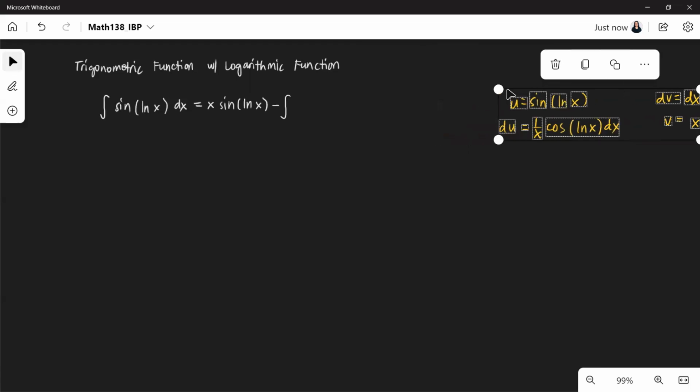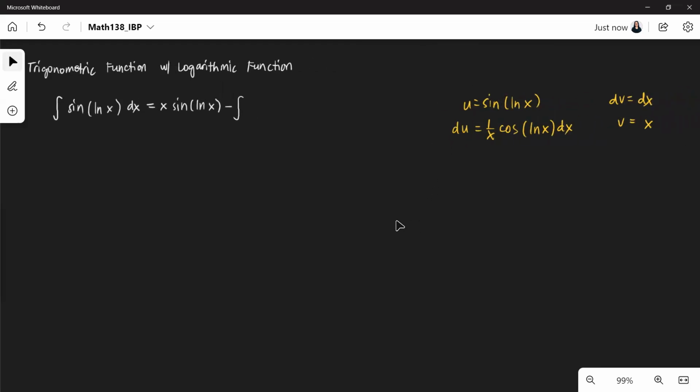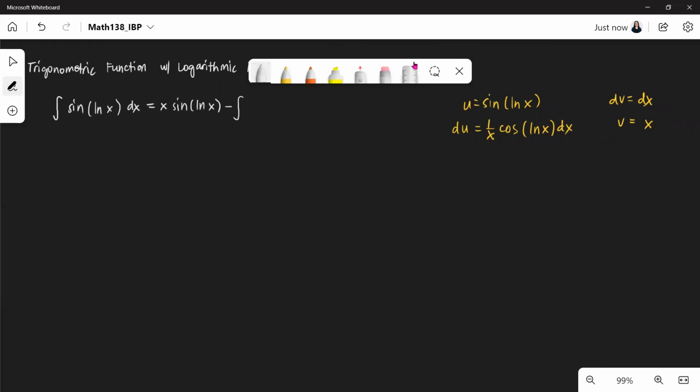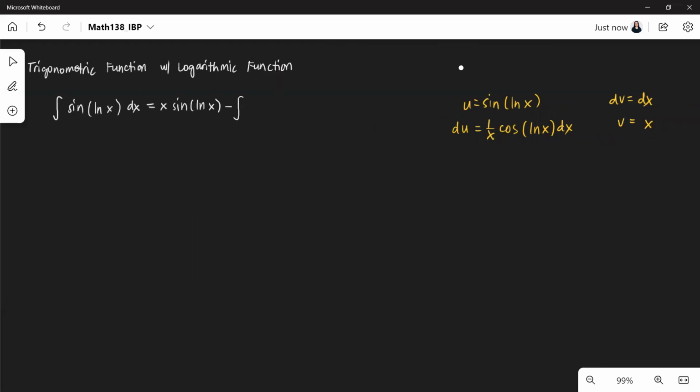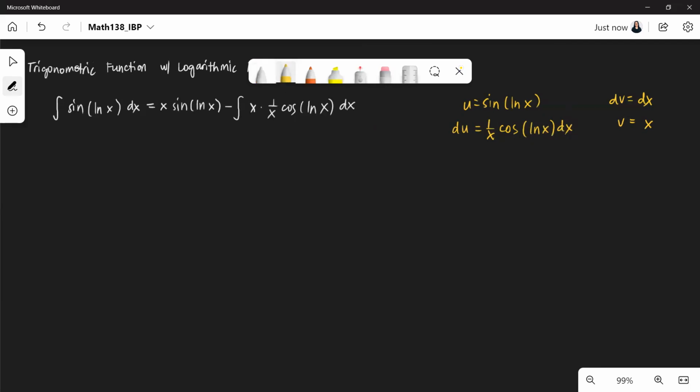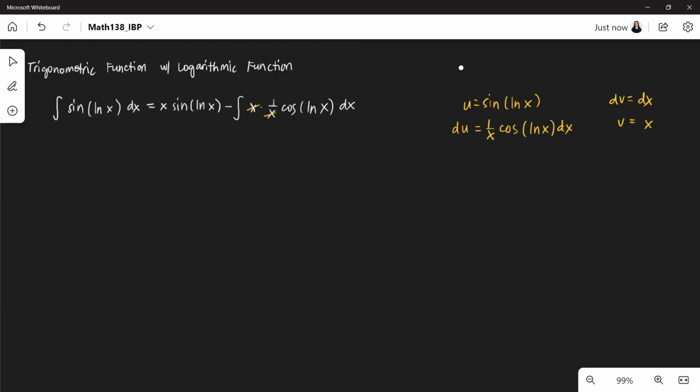So x times 1 over x, that would cancel out, or that's equal to 1. So we now have just the integral of cosine of ln of x dx. It's similar to the integral of sine of ln of x dx.